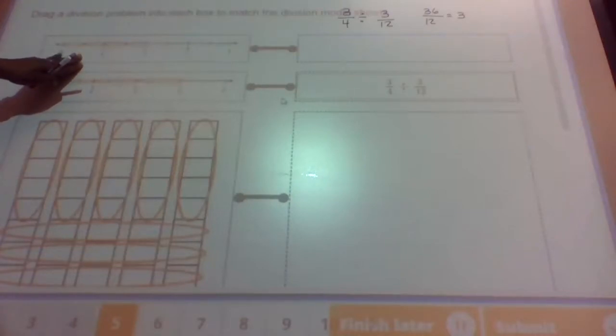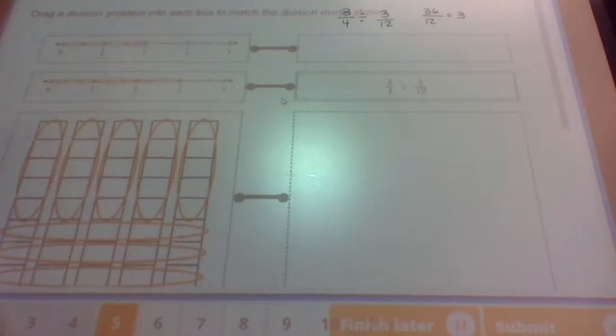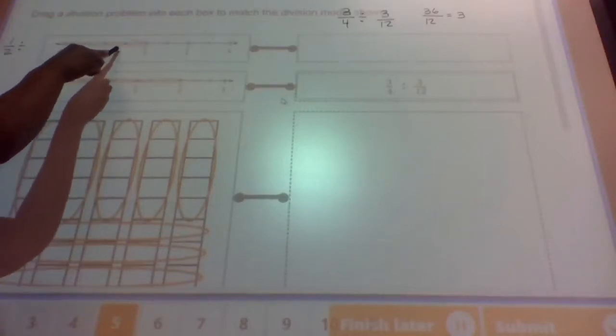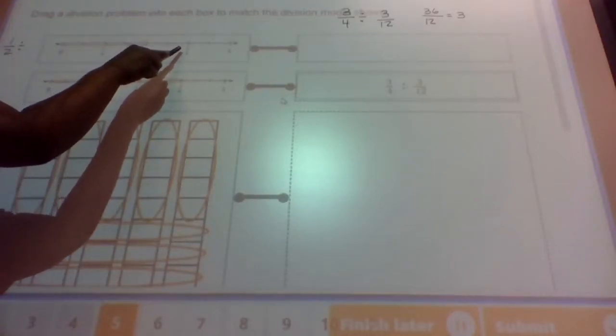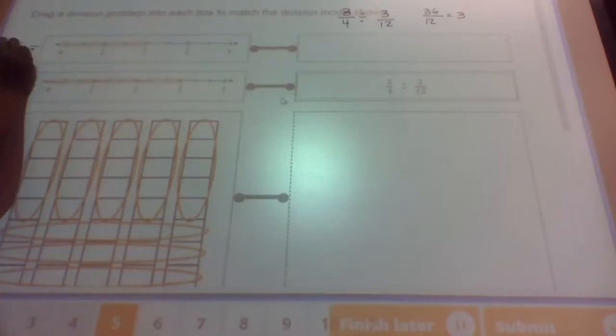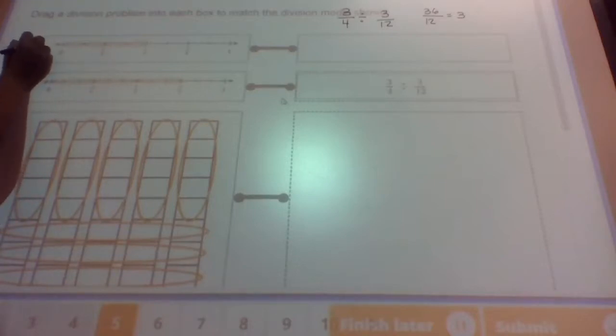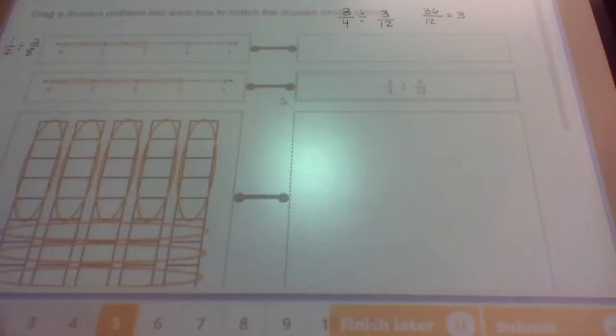All right. What's my first number on this one? Where did they stop? 1/2. And they divided by 1, 2, 3, 4, 5, 6, 7, 8. The 1/8. And how many eighths? 2 eighths each. No, that one's not right.